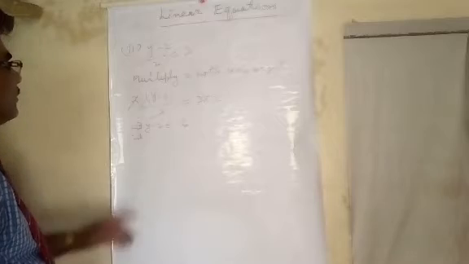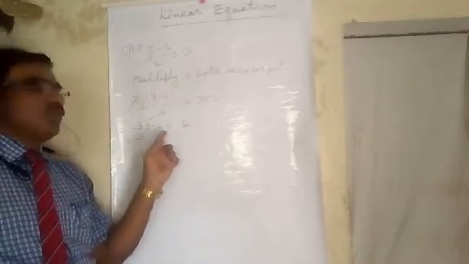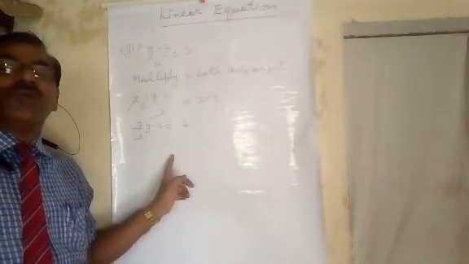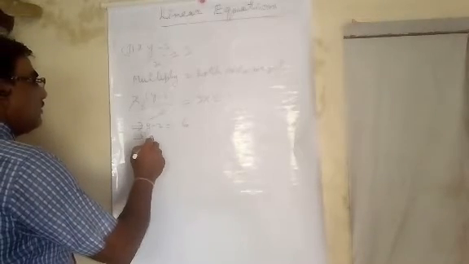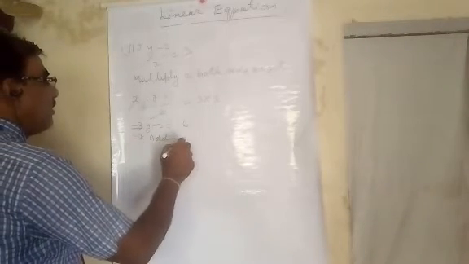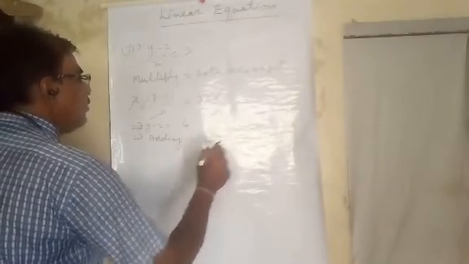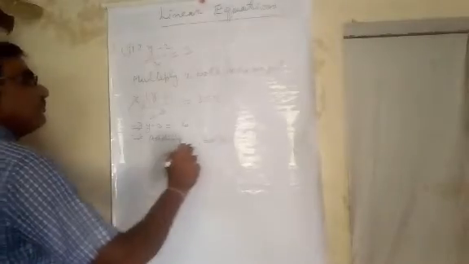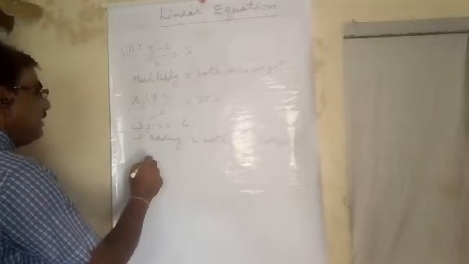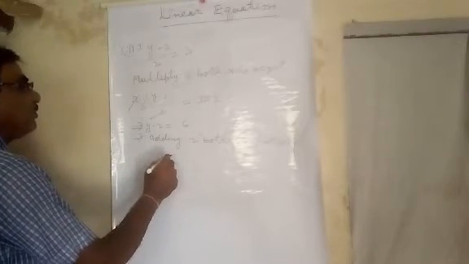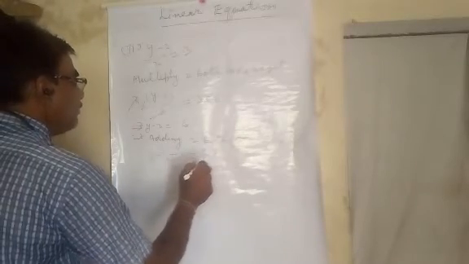Now y minus 2 equals 6. Here is minus 2, therefore we add 2 to both sides. We get y minus 2 plus 2 equals 6 plus 2.